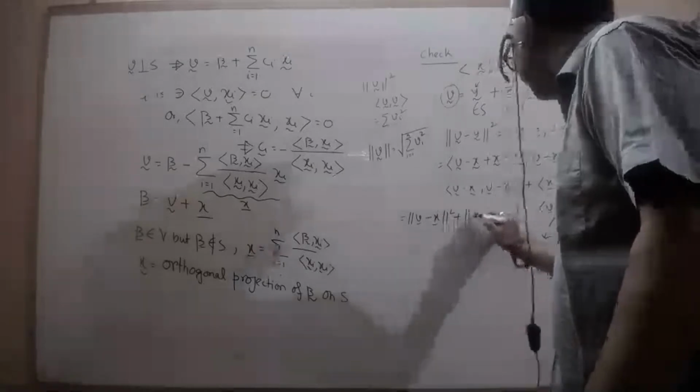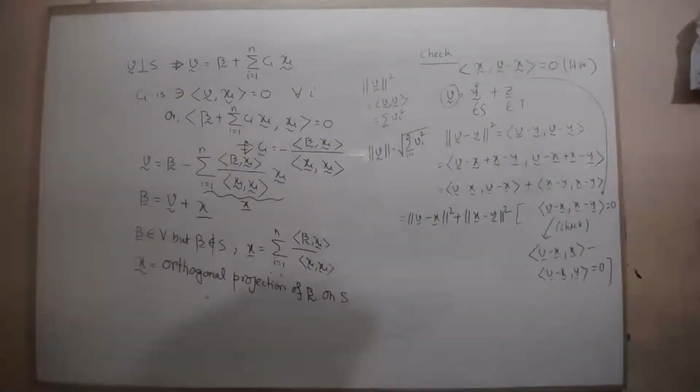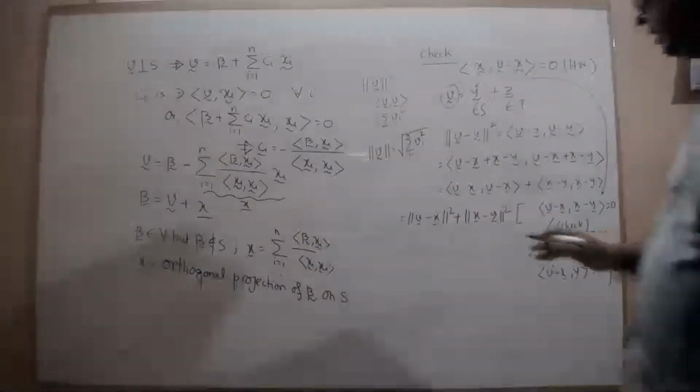So this is equal to, so norm is always greater than or equal to 0.